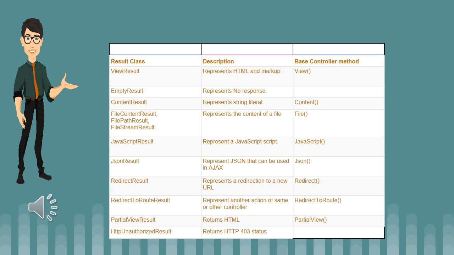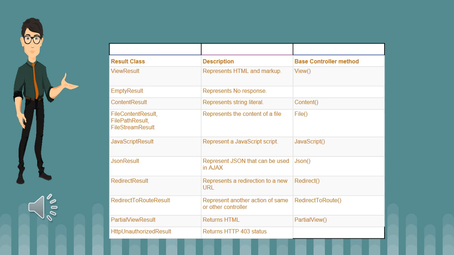Result class, description, base controller method. ViewResult represents HTML and markup: View. EmptyResult represents no response. ContentResult represents a string literal: Content. FileContentResult, FilePathResult, FileStreamResult represent the content of a file: File. JavaScriptResult represents a JavaScript script: JavaScript.